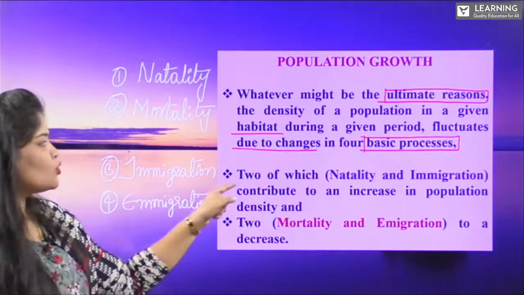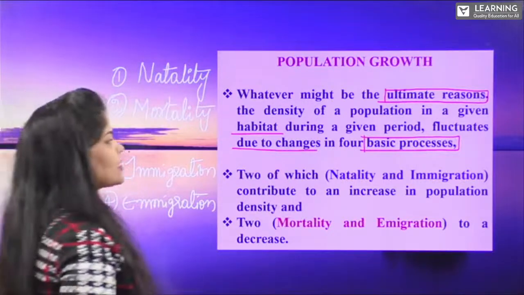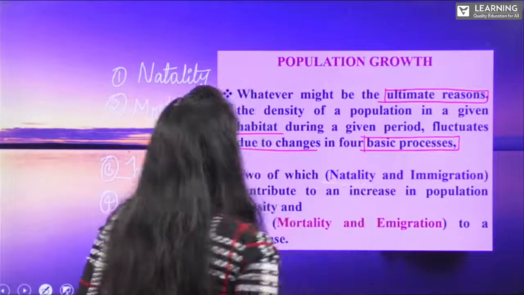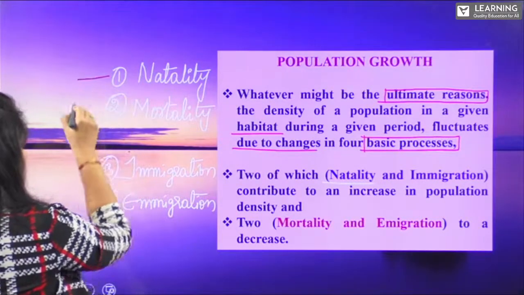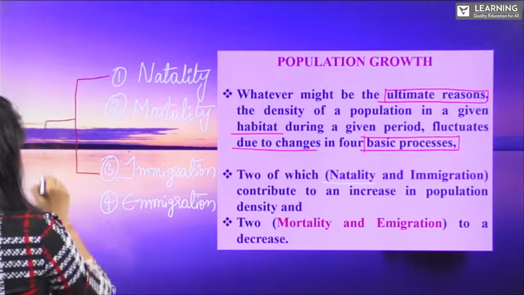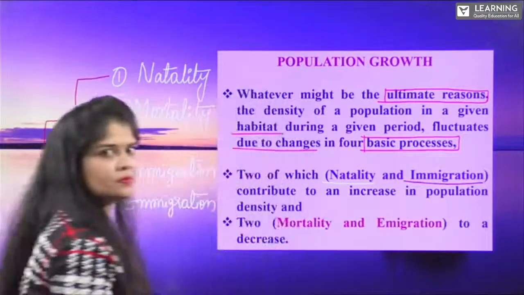So here, out of these 4, 2, what are they? One is natality, and the other one is immigration.